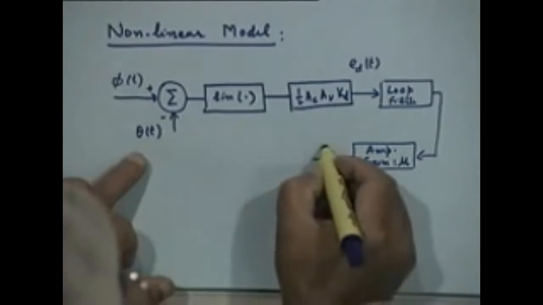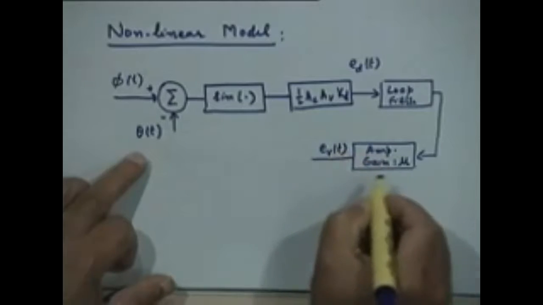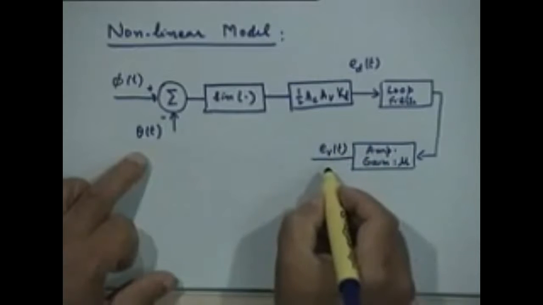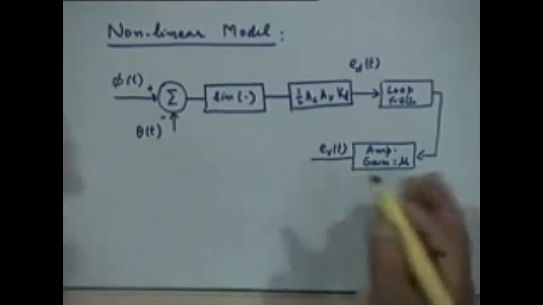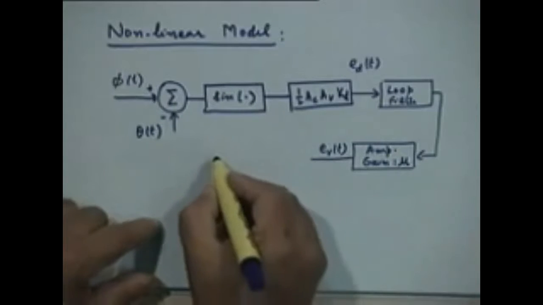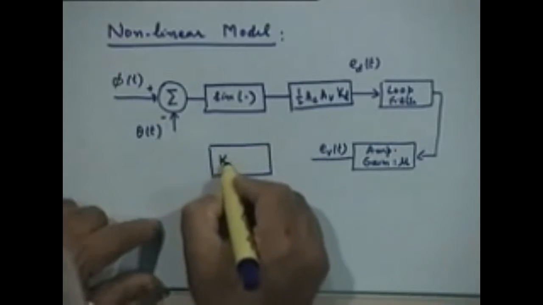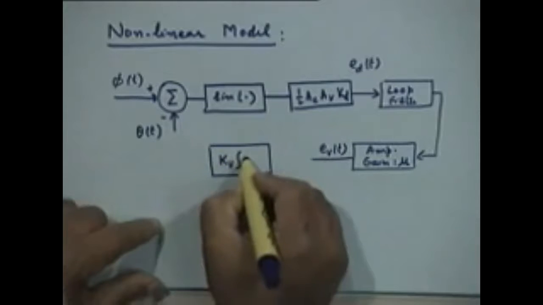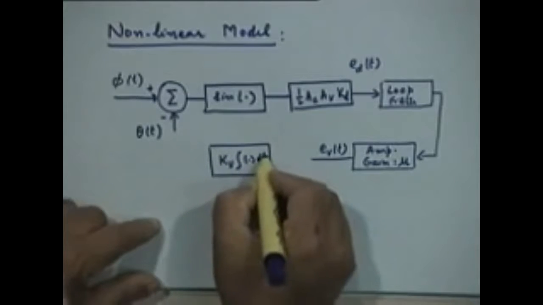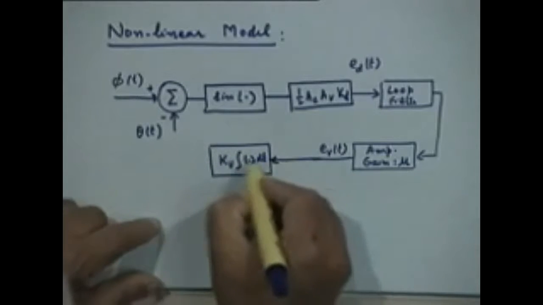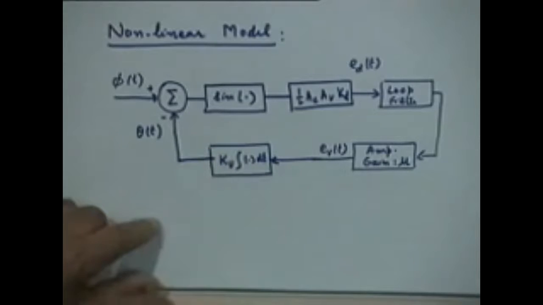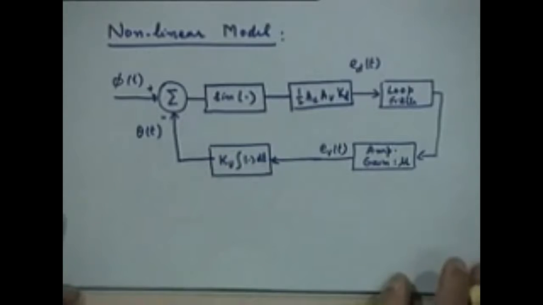So, how is theta t related to this? This is E sub Vt, isn't it? The amplifier output is E sub Vt. How are these two related? Through the integral relationship. So, to close the loop, all I have to put is an integrator here with a constant K sub V. Do you agree with this?